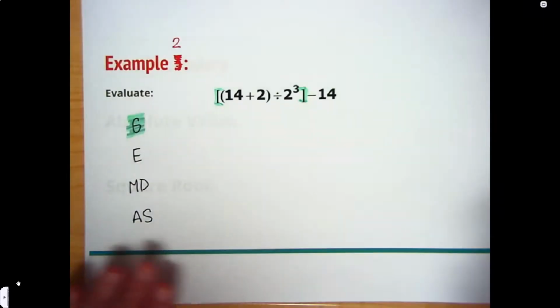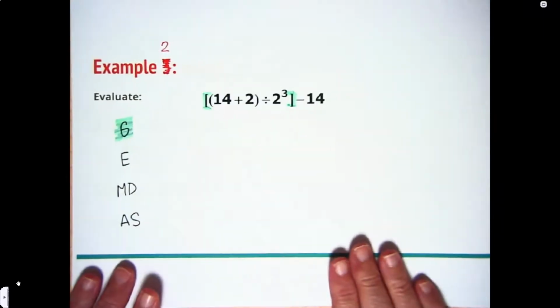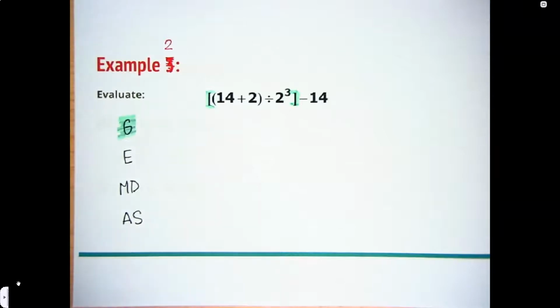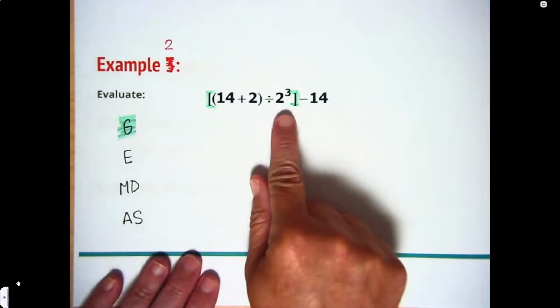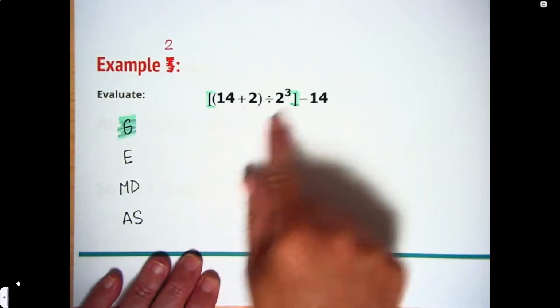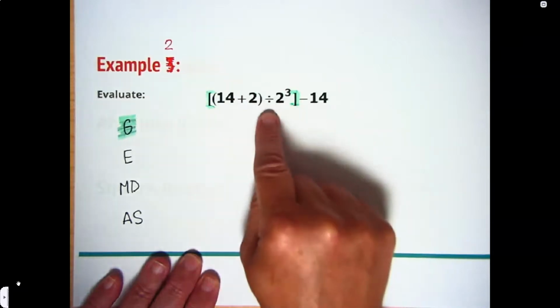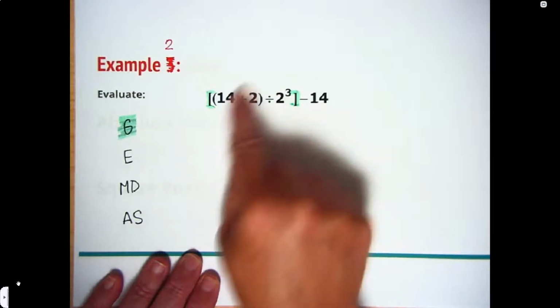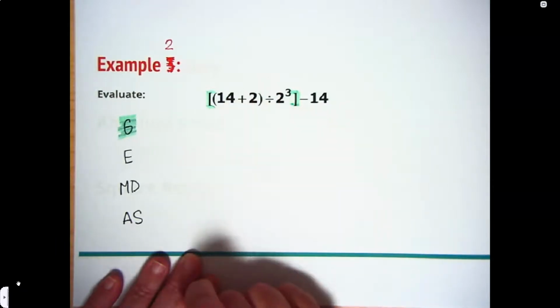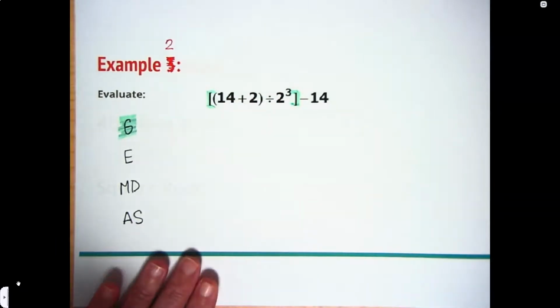But when I look at this problem and I look at my grouping symbols, there's more than one thing to do in here. This is a multi-step problem in here. It has grouping symbols, it has division, it has an exponent, so there's a lot of stuff going on in here. So here's what I need you to understand.